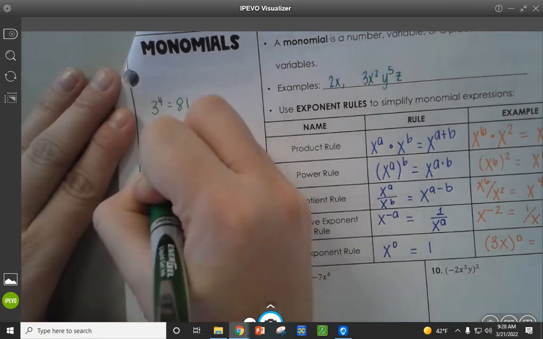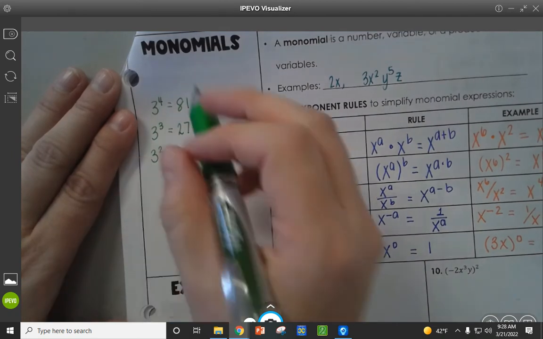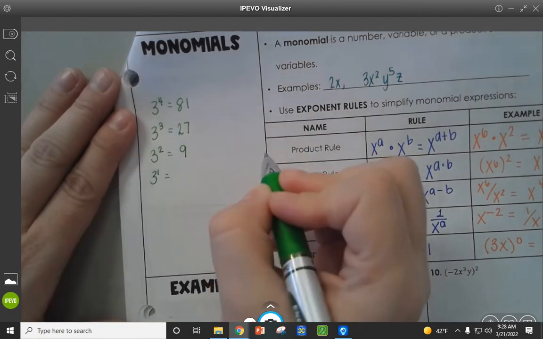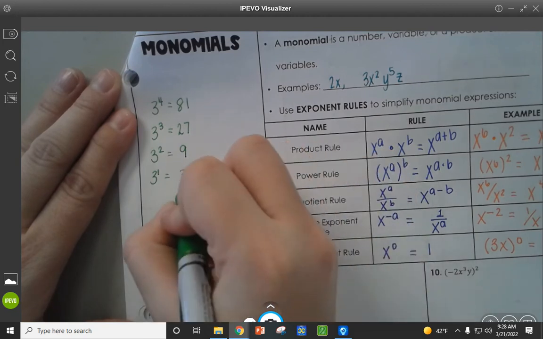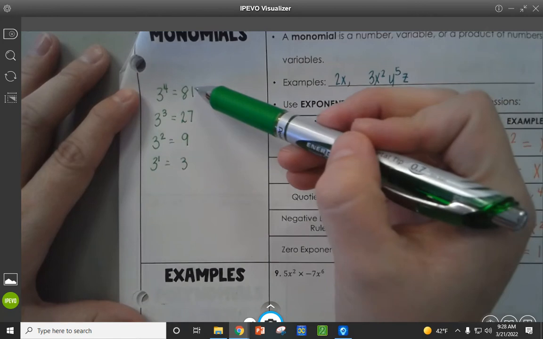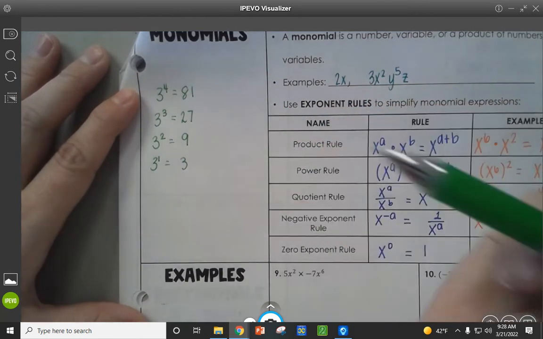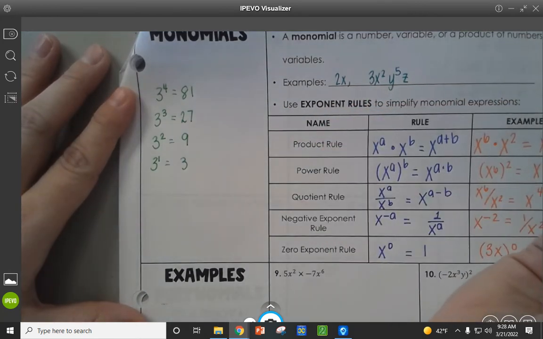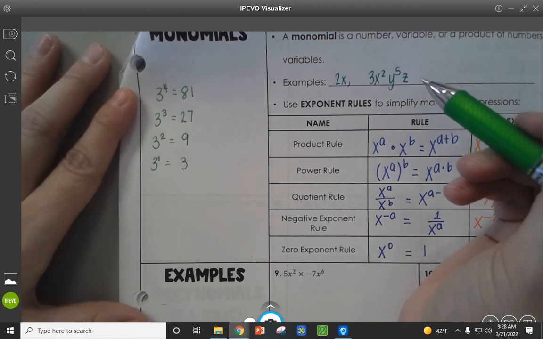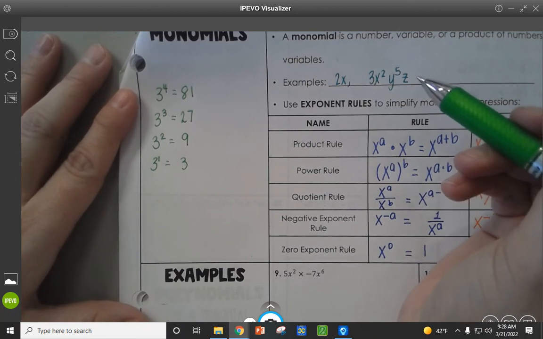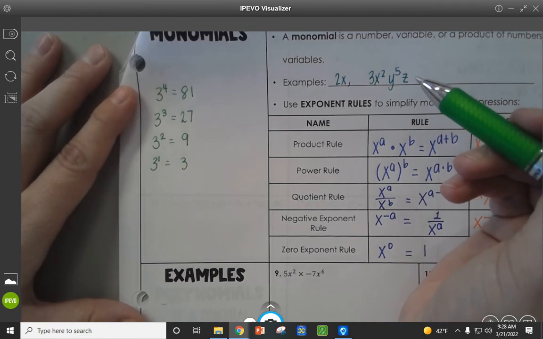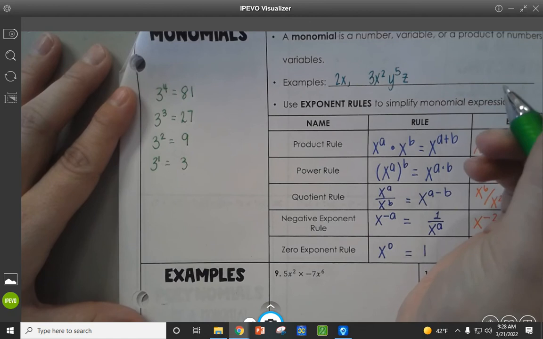Okay. 3 squared, 9. 3 to the 1st power, 3. So as my exponents are going down by 1, what is happening to these numbers over here? Specifically how? They are getting divided by 3.